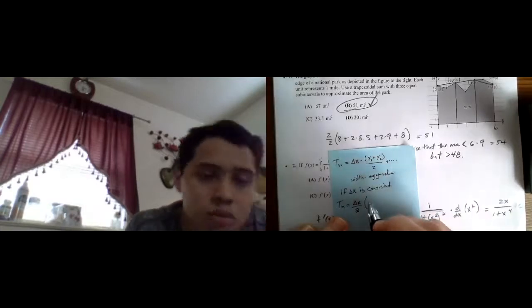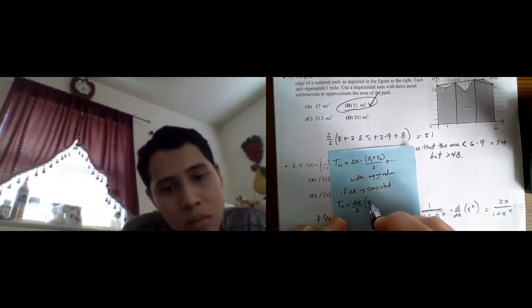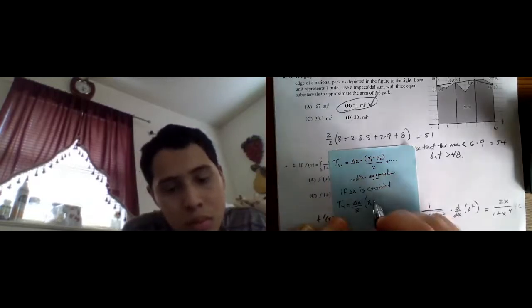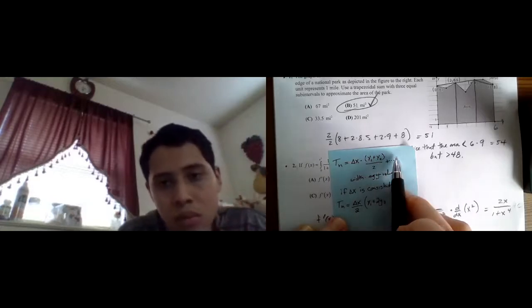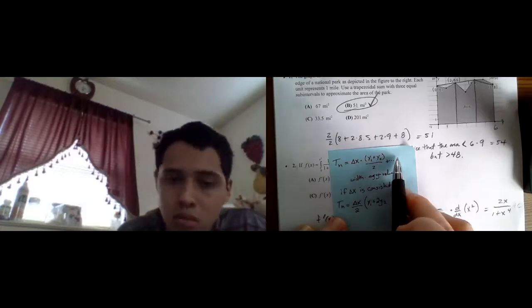And what that's going to leave is that, the y1 here is only going to appear once, but the second y value is going to appear twice because it's used in the area calculation for the first rectangle, but it's also going to show up here in the next term, right?